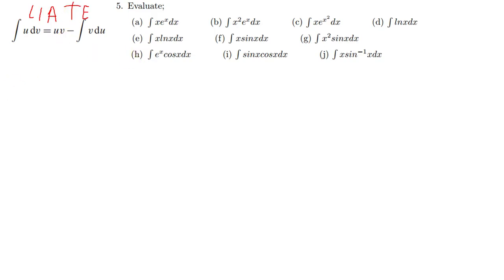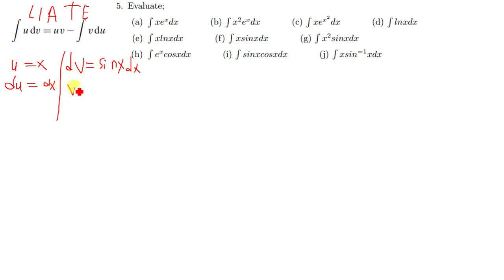So meaning my u is going to be equal to x, meaning du will just be equal to dx, and then my dv is equal to sine x dx.